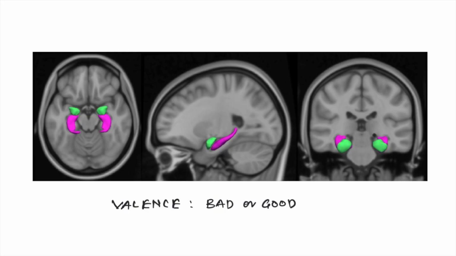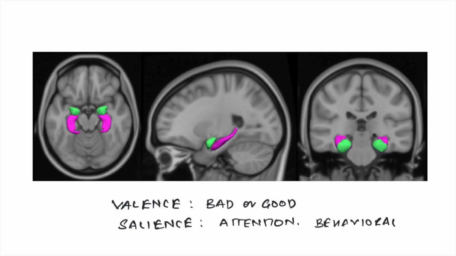Plus, it also helps to give a salience to a particular stimulus. Salience basically means: do you need to pay attention to this particular stimulus? That means, does it have a behavioral significance?